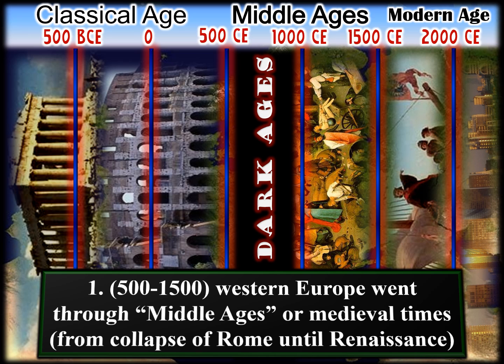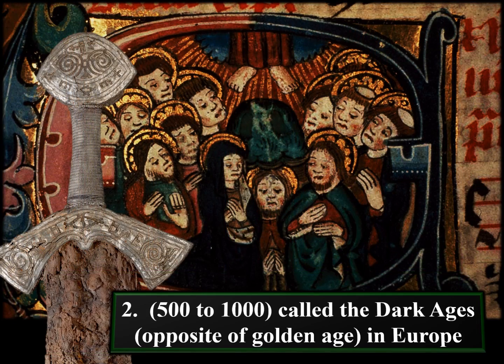The Dark Ages is the first half of the Middle Ages. So the period from 500 to about 1000 is called the Dark Ages in Europe. It's called a Dark Age ultimately because it is the opposite of a Golden Age. Now remember, a Golden Age is a time of peace and prosperity, economic activity, and flourishing that allows for a cultural flowering and intellectual advancements being made.